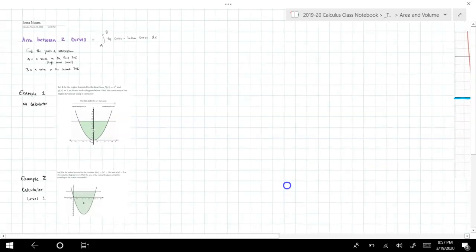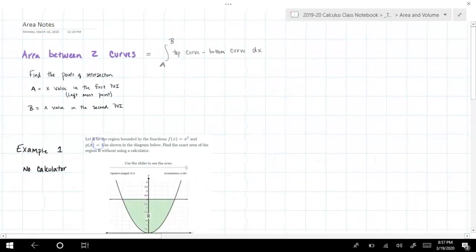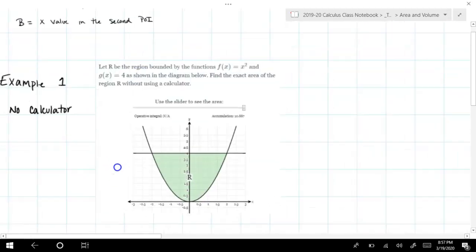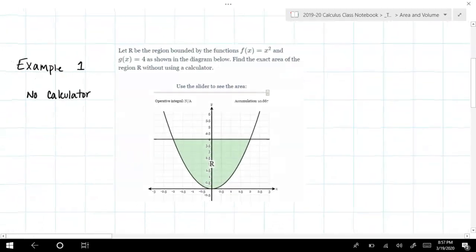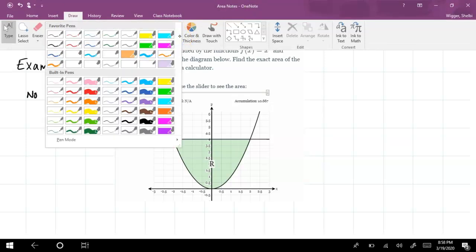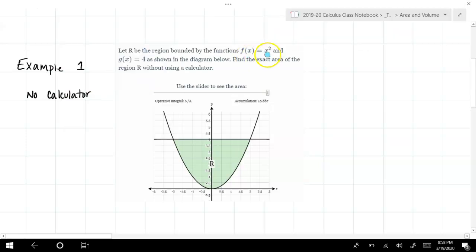So when we're calculating the area between two curves that live in the plane, now we're not using the x-axis, we're using another curve. So looking at example 1, it says let R be the region bounded by the functions f of x equals x squared. Well, the first step is to determine which of these functions is f of x. If it's x squared, then that's the parabola.